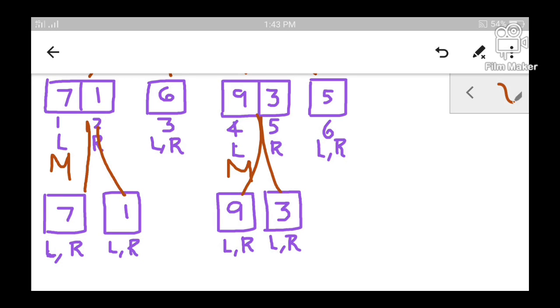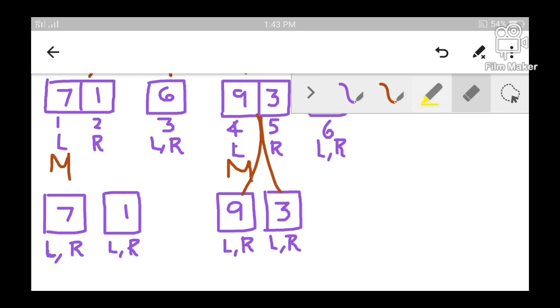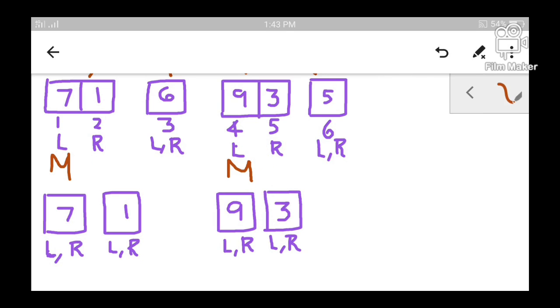So, I have decided to take these two arrays. By the process of merging, this array and this array can be merged together to get a single sorted array.